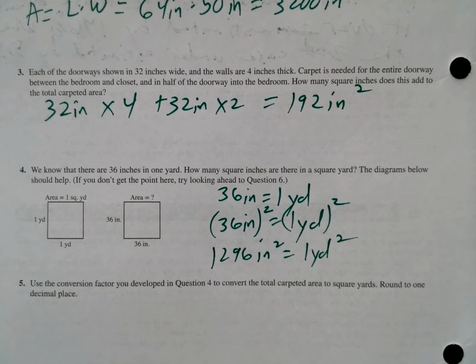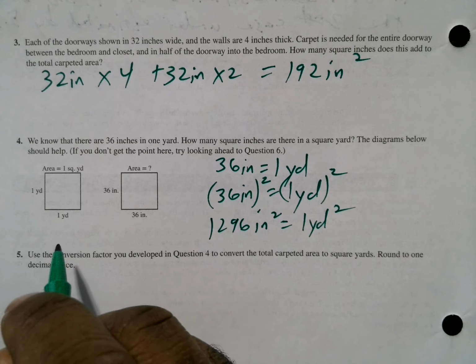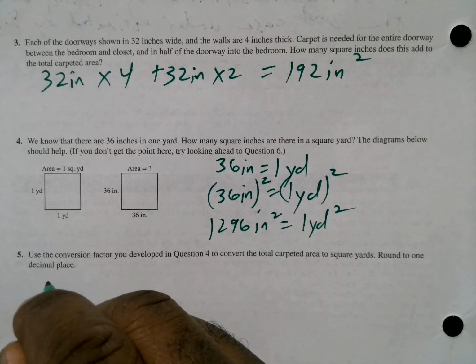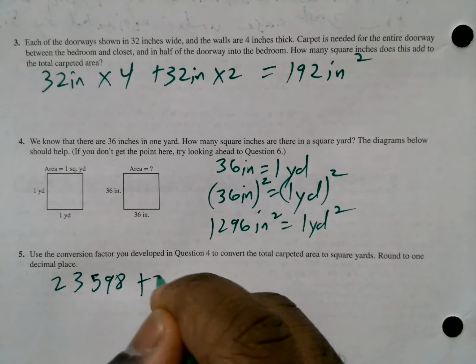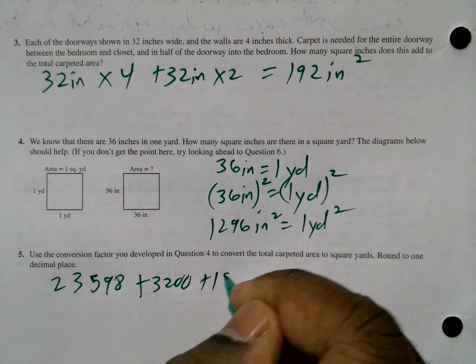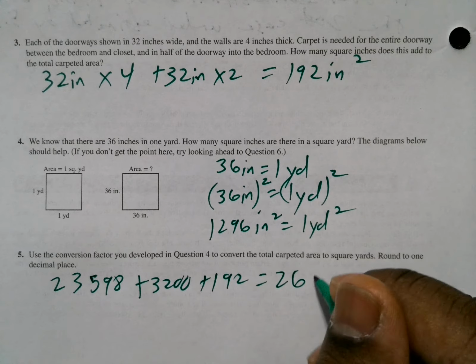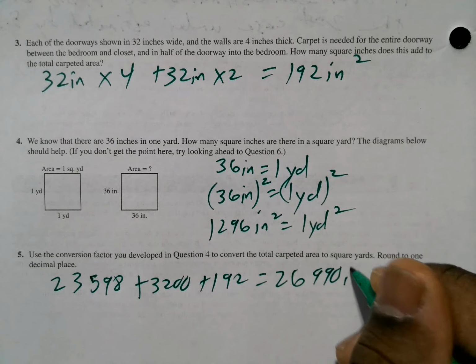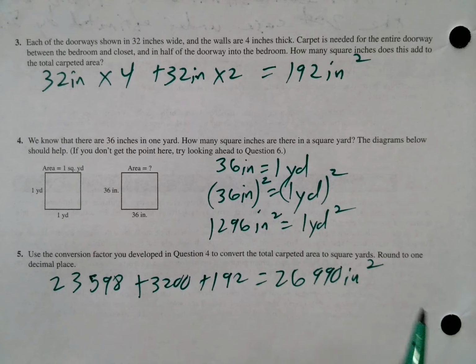Now we come here to number 5. It says use the conversion factor you developed in question 4 to convert the total carpeted area to square yards. Round to 1 decimal place. So what we need to do is take our values that we had earlier, the 23,598, the 3,200, and the 192, and add all of those together. That'll give us 26,990 square inches. Now we want to change this to square yards.